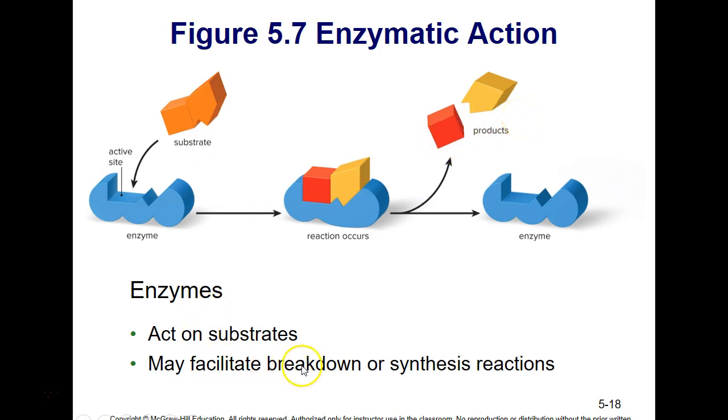May facilitate breakdown or synthesis reactions, but you have to have a substrate in order for that to occur. So remember for your test that the substrate has to bind to the active site in order for a chemical reaction to occur.